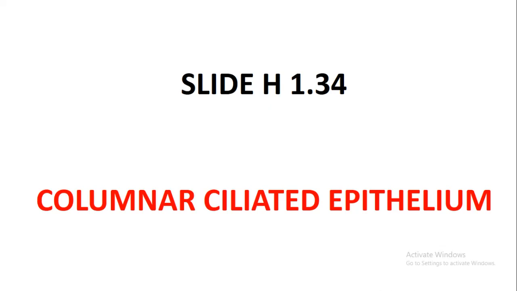In this case, we are looking at the columnar epithelium, with a nucleus and some cilia on top of it. This is a columnar ciliated epithelium, and we are using slide H1.3.